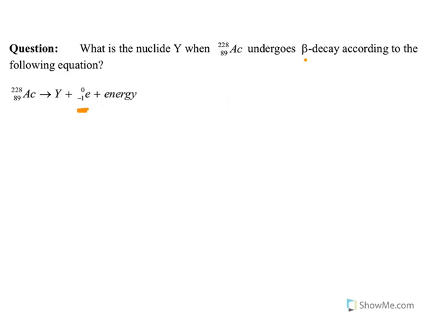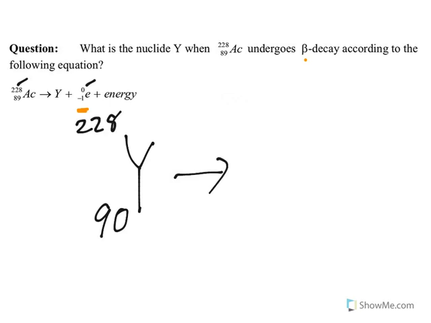So what do we know about Y? We know we've got to have a total of 89 atomic number, so that'll be 90 minus 1 to give us 89. So our atomic number there is 90, and we've got a total mass of 228, and there's 0 there, so it's 228. We look that up in our periodic table, and we find that is now thorium.